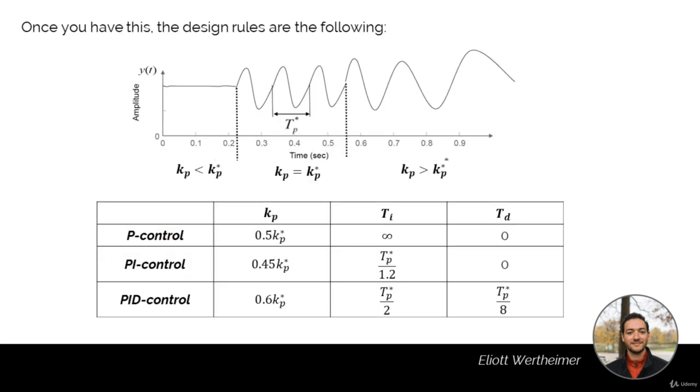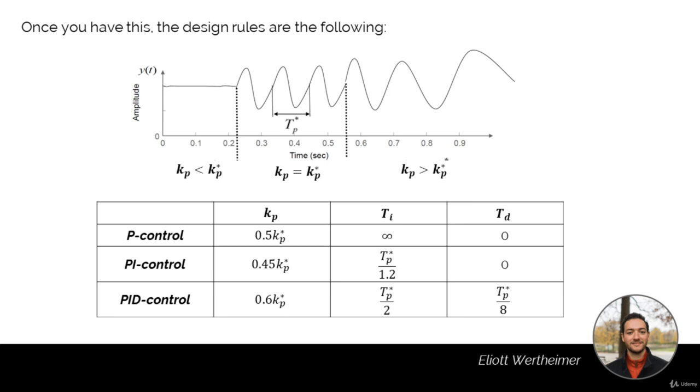Once we have a value for Kp star, where Kp star is the value of Kp where the response is about to become unstable, so the oscillations are not varying in amplitude with time, then we can do the following. If we want a pure proportional controller, then we can set Kp to be equal to half of Kp star, and we have Ti equals infinity and Td equals 0.